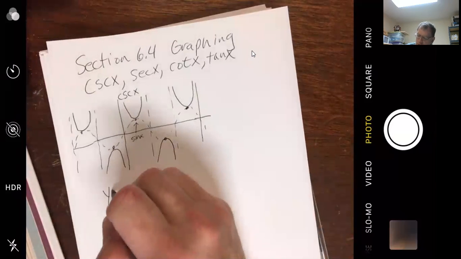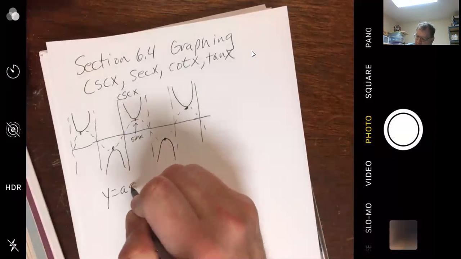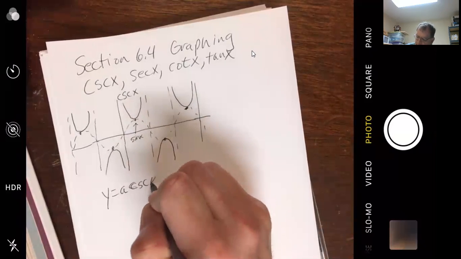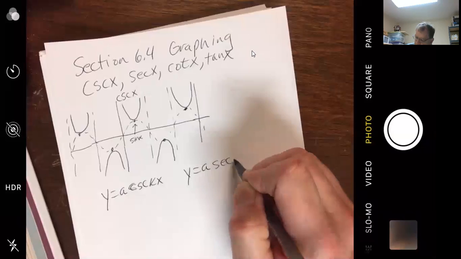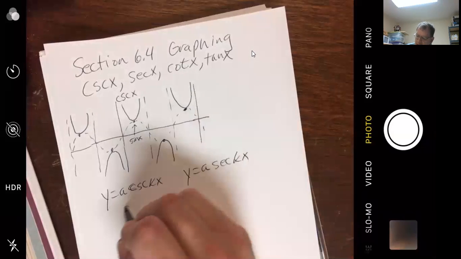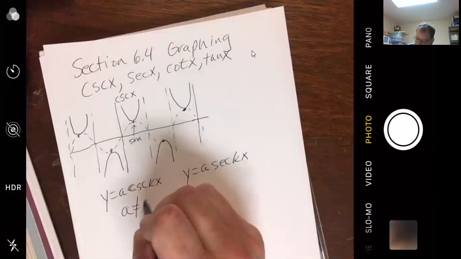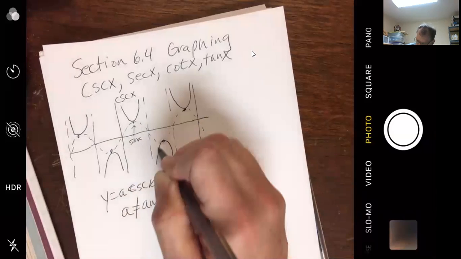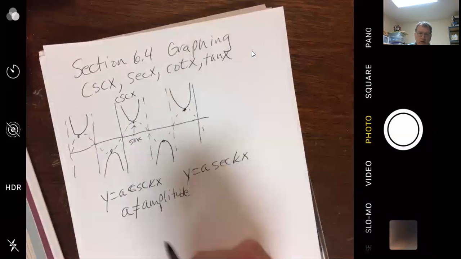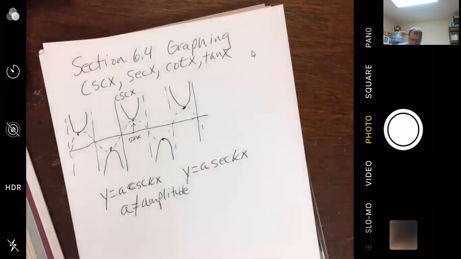So if I have y equals a cosecant kx and a secant kx, a is not amplitude. These U's go forever approaching these asymptotes. It's not a hard number.